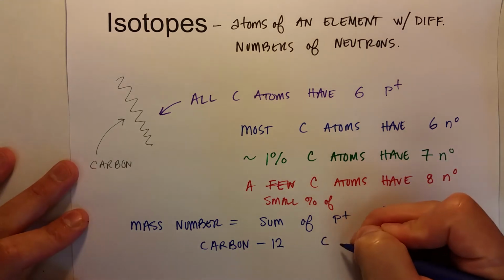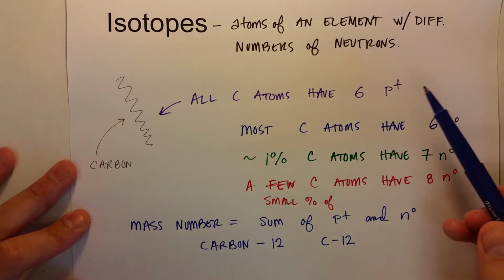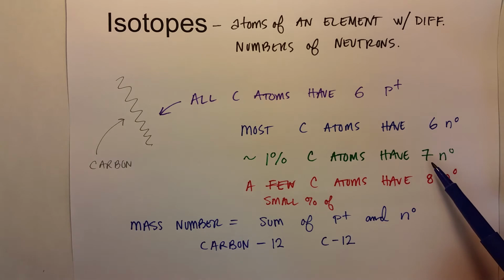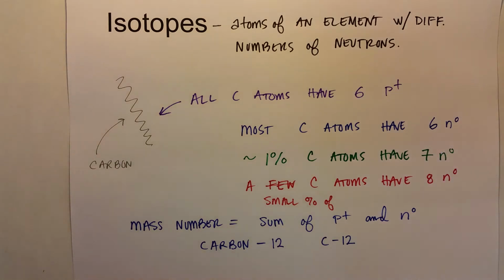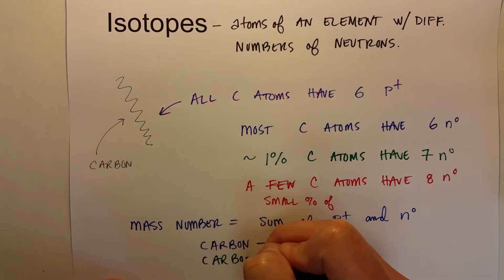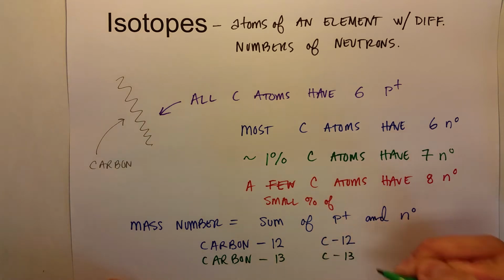We can also use just the element symbol, C12. About 1% of the atoms have 7 neutrons, which would give a mass number of 13, of course. We would refer to them as carbon-13 atoms, or C13 atoms.